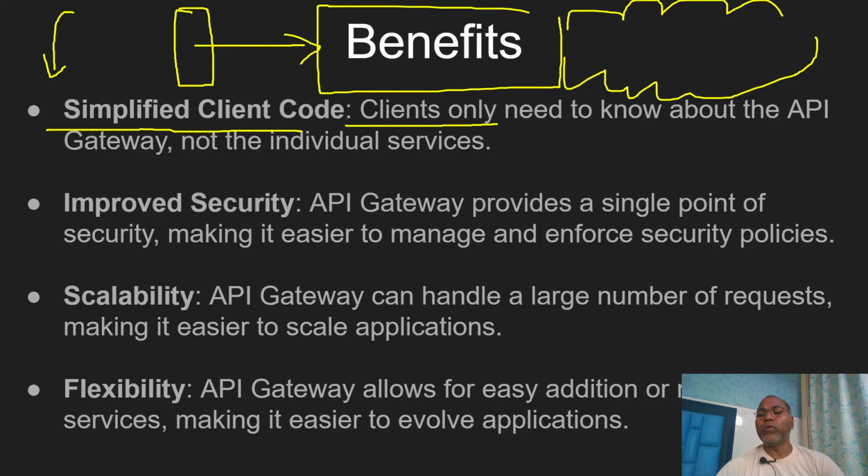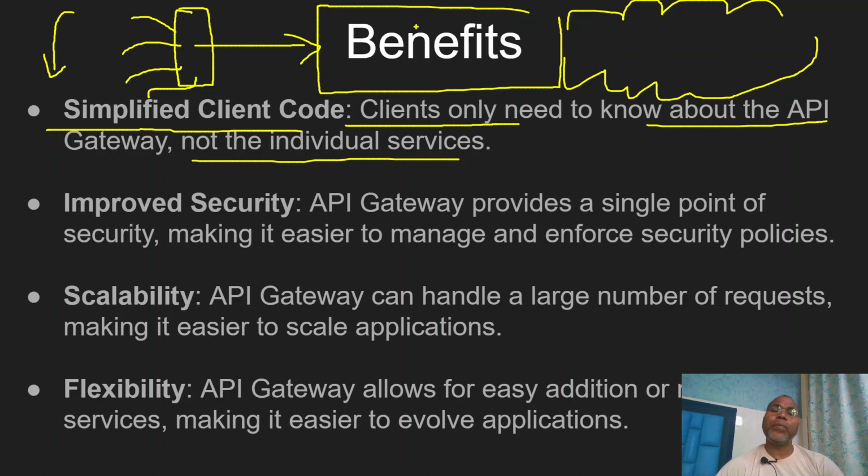The client only needs to know this is my API gateway, and no individual service detail is required. So there is a lot of comfort for any client code, maybe your front-end application, mobile application, another microservice, a legacy system, or any application.